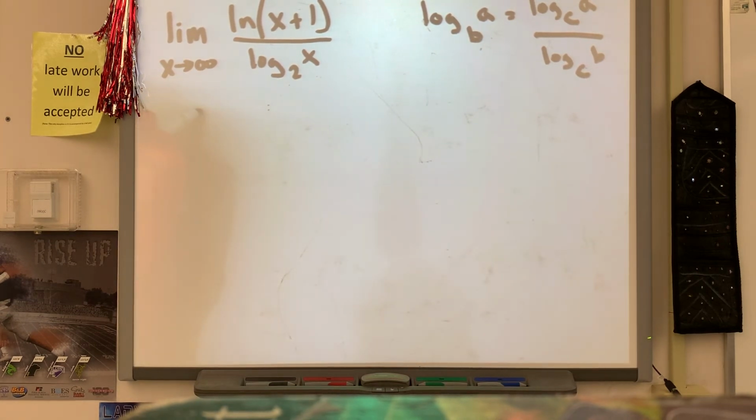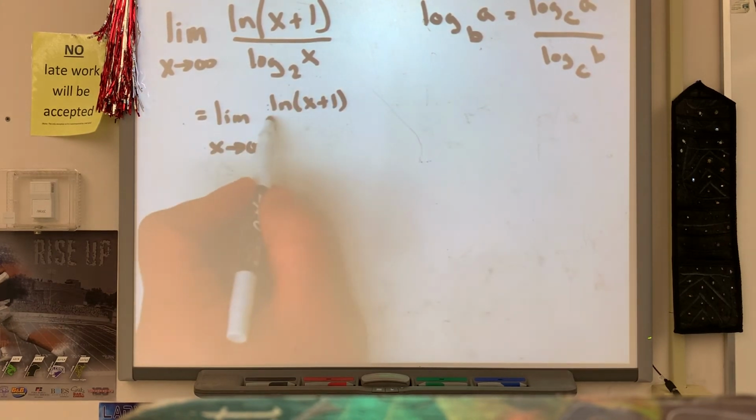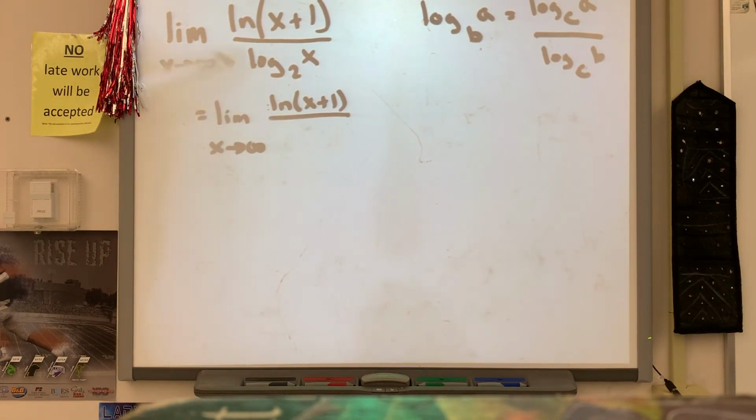So this equals the limit as x approaches infinity of the natural log of x plus 1, I'm going to leave that as is, all divided by, I'm going to choose to rewrite this in terms of natural logs, so the log base e, or natural log of x, divided by the natural log of 2.